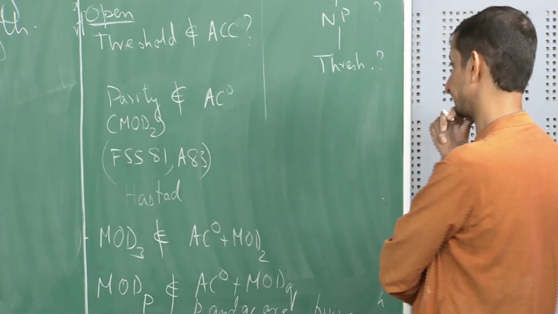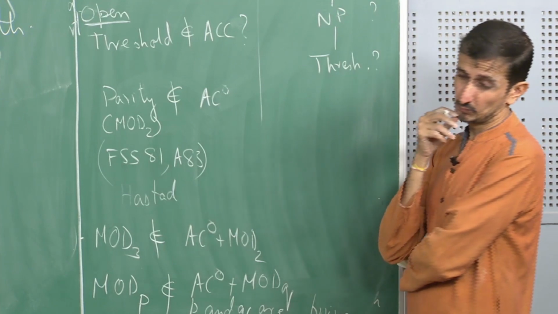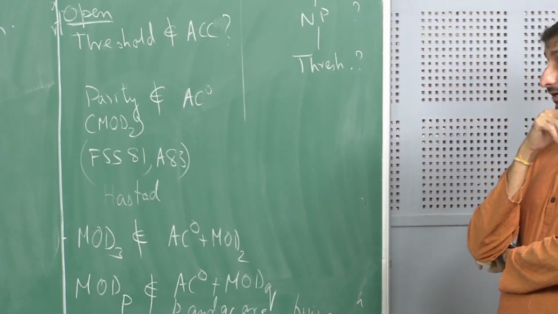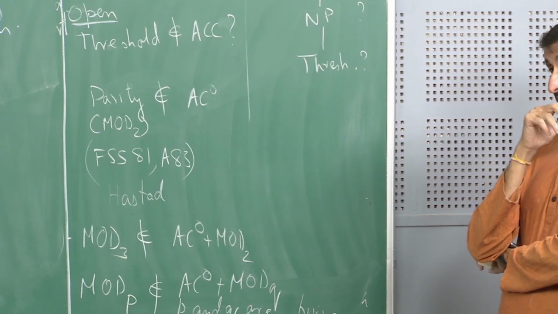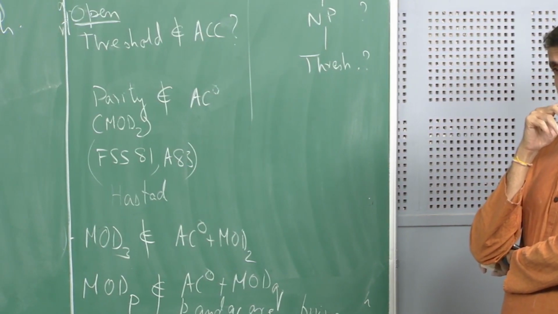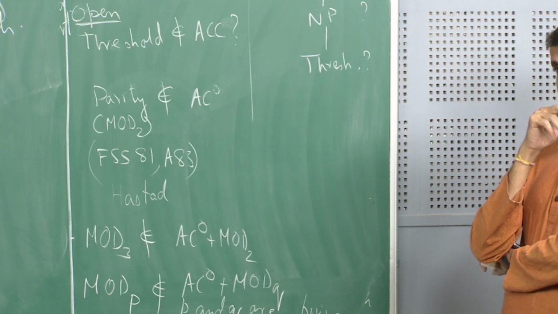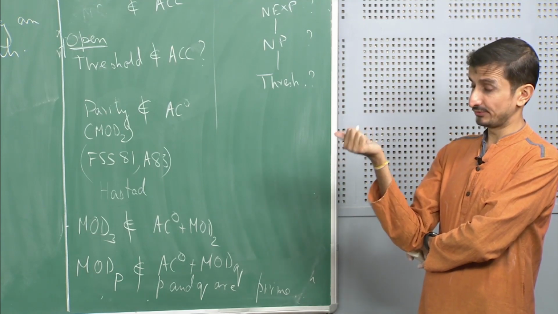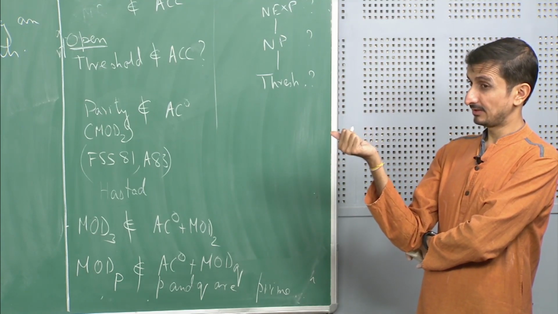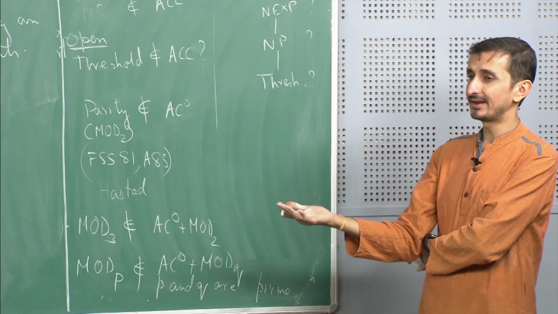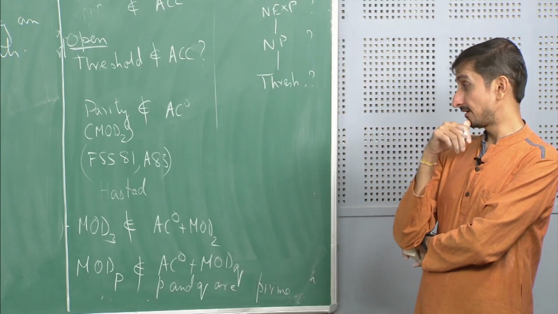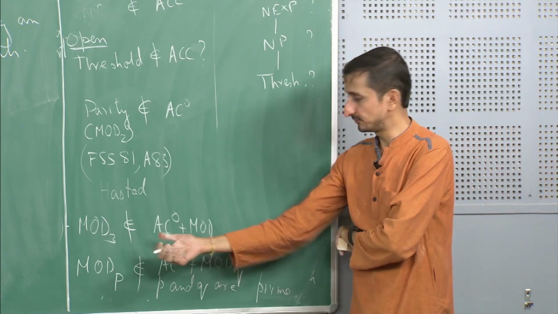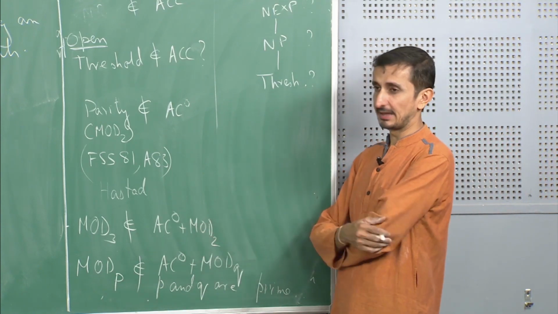Yeah. But if we are doing that kind of thing, then these results are already showing that if we are allowing some mod k gates, then we can't compute certain other things. If you are allowing mod k gates, then we can't compute what? How do you show that? You are giving it more power, right? Yeah, so this is for very specific things. If 3 and 2 are primes, then this is happening.